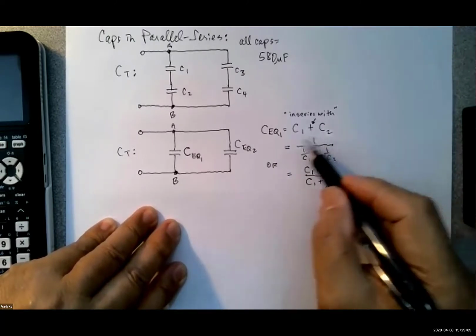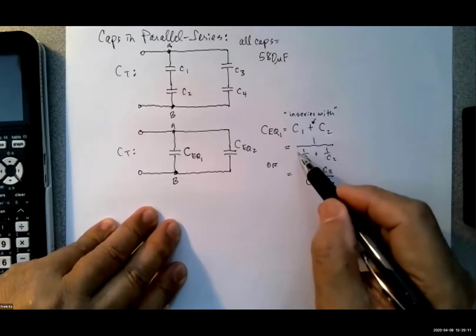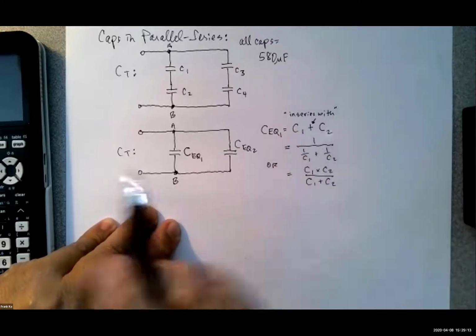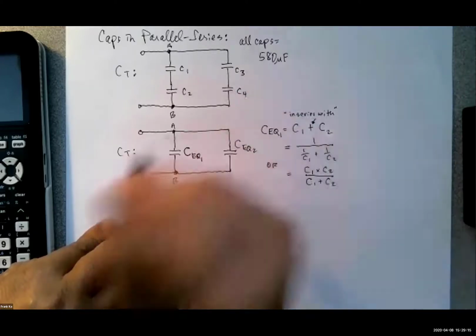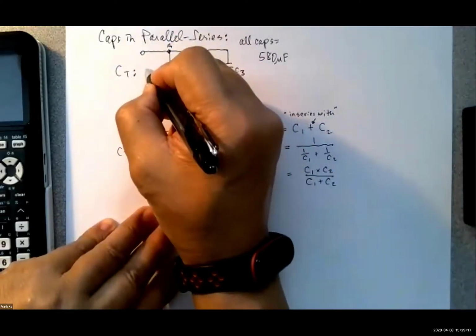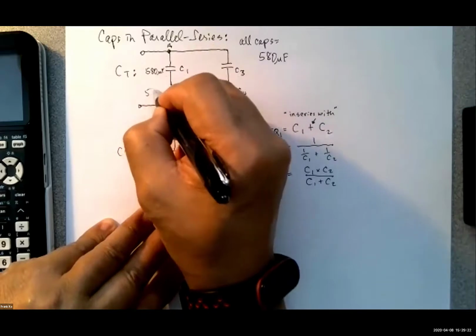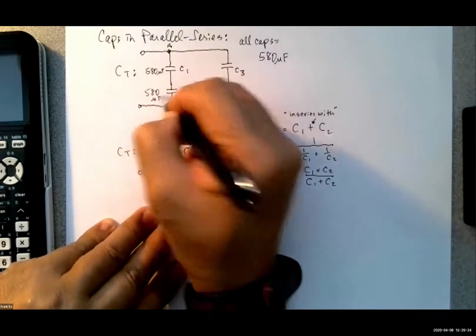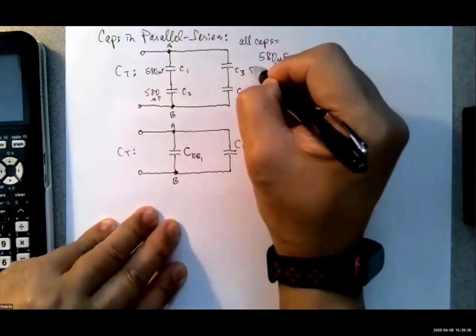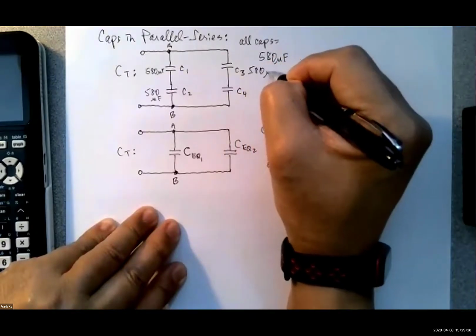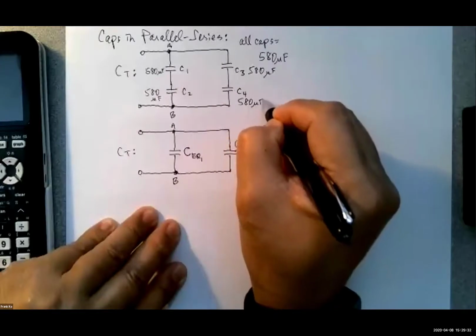So if I'm going to use the reciprocal method to calculate my CEQ1, and I have two of these that are 580 microfarads, I have another 580 microfarads over here and 580 microfarads here.